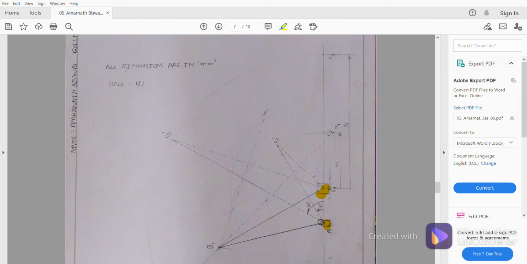So this is a crank, this is the connecting rod, 2, this is the piston 3, and the fixed frame is 4.